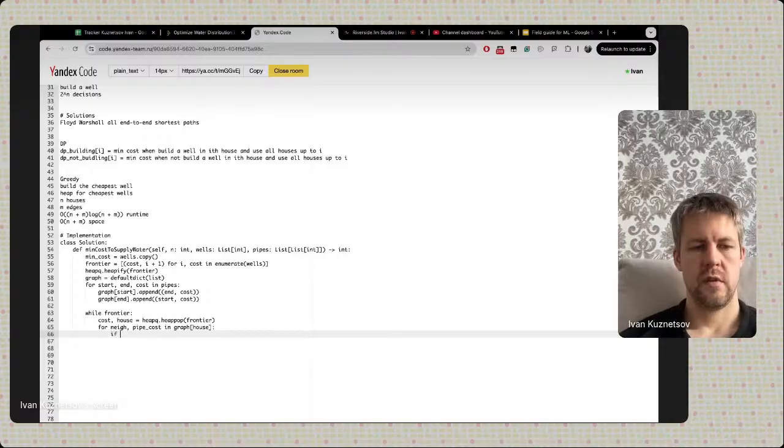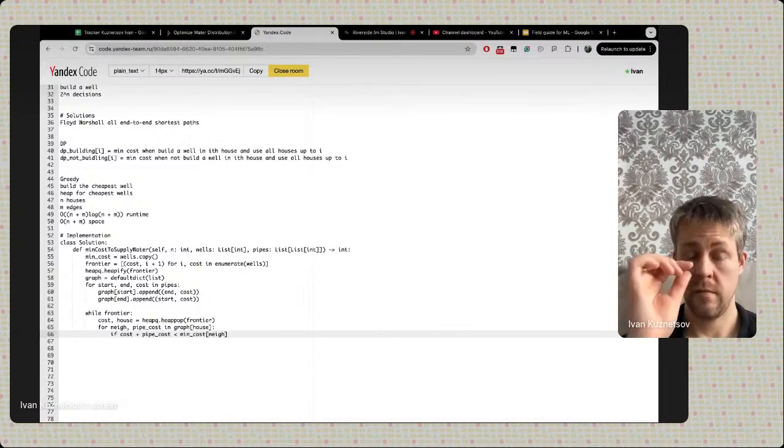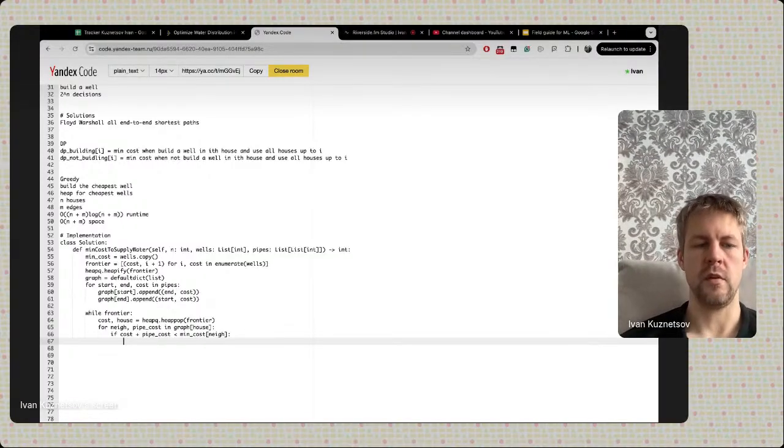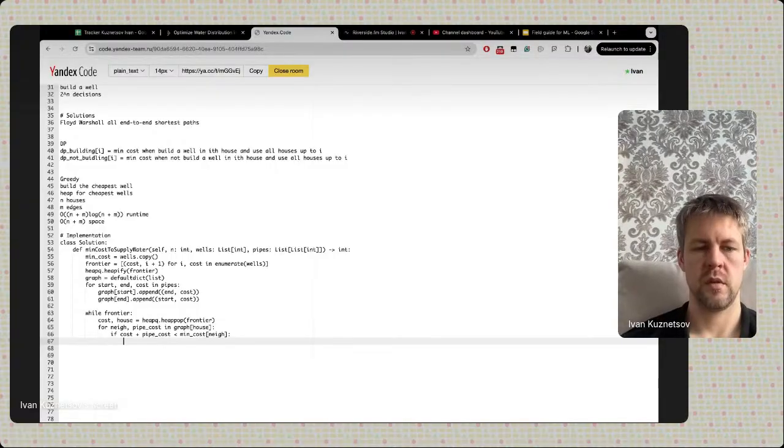if cost plus pipe cost is smaller than min cost neighbor, then obviously we want to push this now and update it.